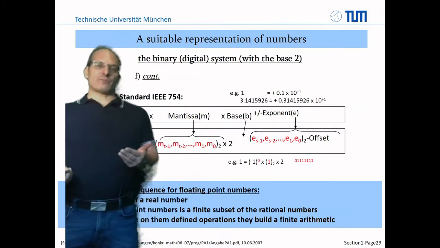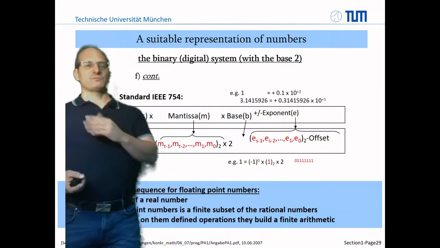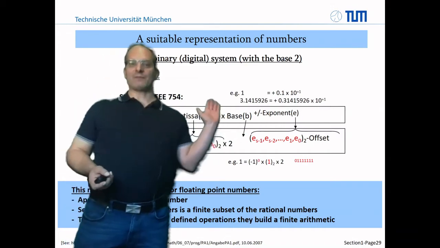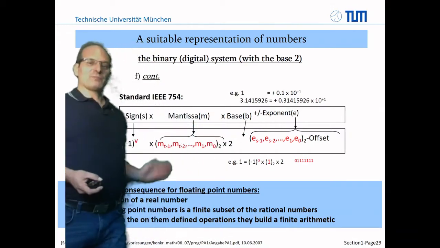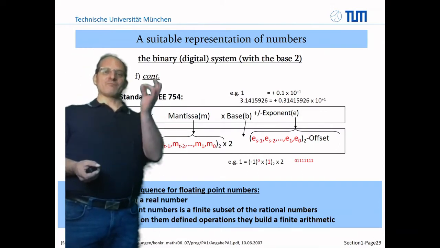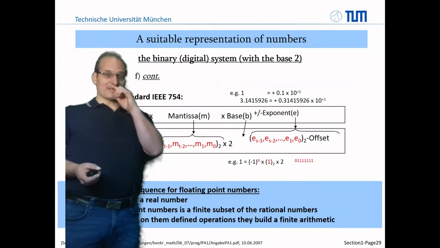In integer numbers, you have a minimum number and a maximum number. Here you also have a minimum number and a maximum number. But because of the setup, you also have a minimum distance between two floating point numbers.